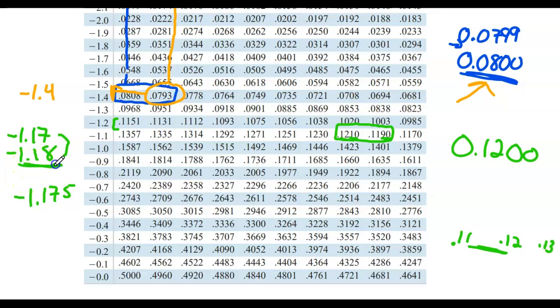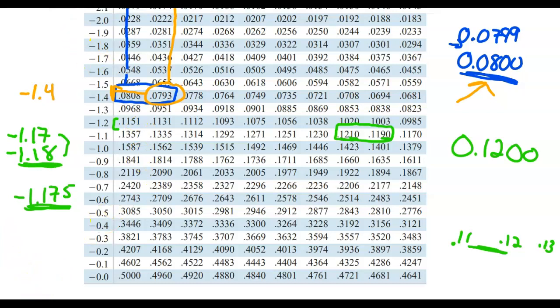So that would go to this value. That's going to be a little bit trickier whenever it's equal distance apart like that. To be the most accurate, it would be this. Just watch Connect Math on that one.